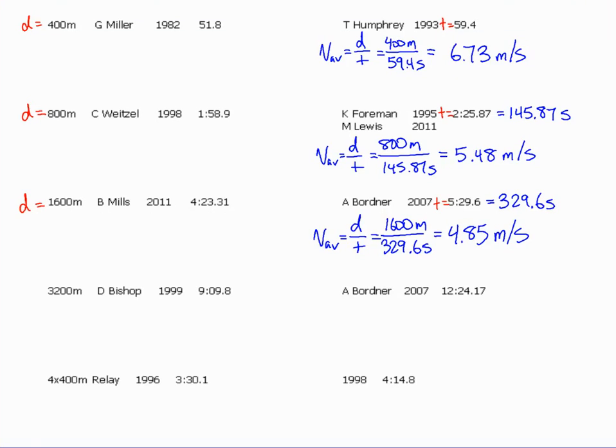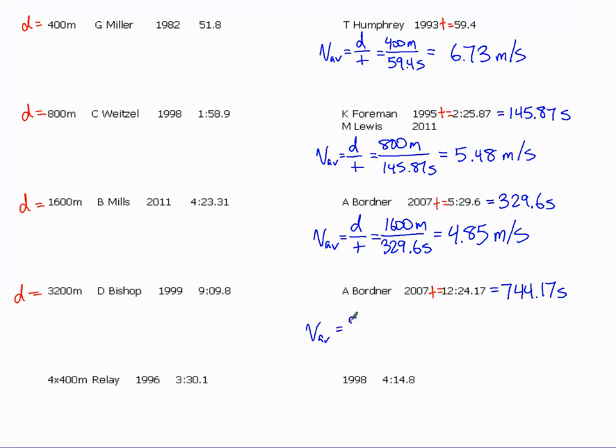The 3,200 meters. Distance is 3,200. That's about 2 miles. Time, 12 minutes, 24.17 seconds. Converting our time into seconds, 744.17 seconds.